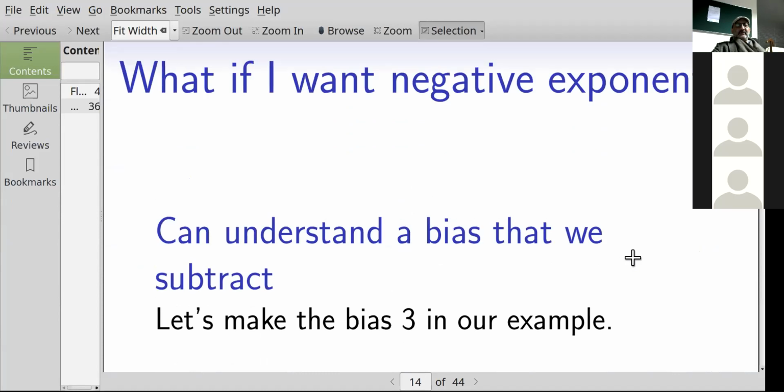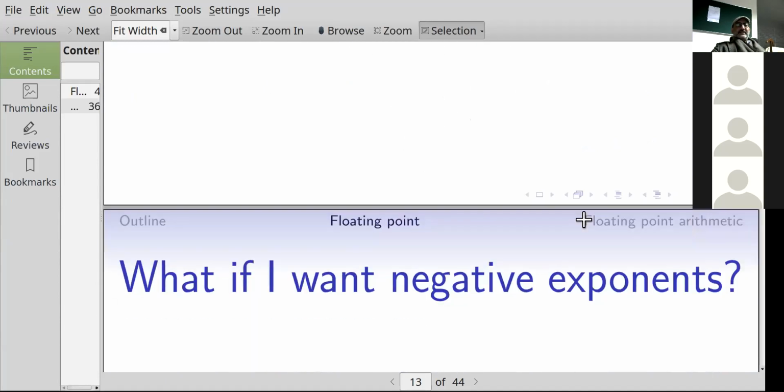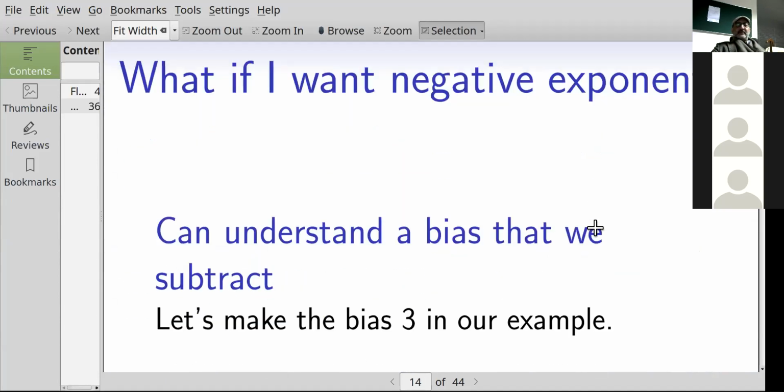Whatever exponent this looks like, say this looks like an exponent of 7, I want you to subtract off something. We call that the bias. So let's make that a bias of 3.